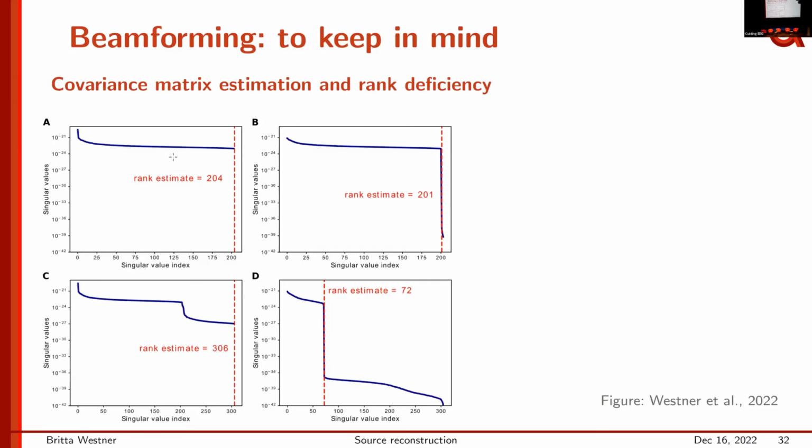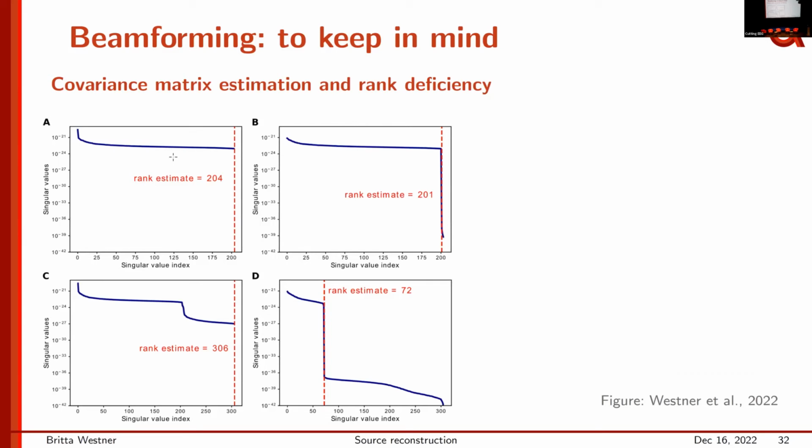And if you plot this and your data is not rank deficient, not much happens. This basically tells you how much independent knowledge is in the signal, and you can see it drops a bit, but then stays up here.